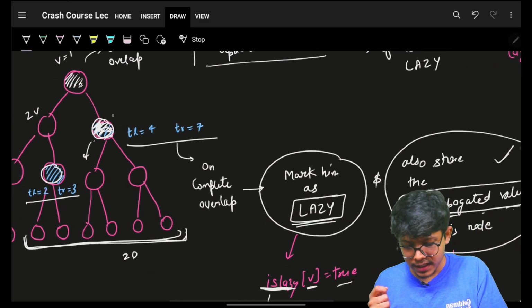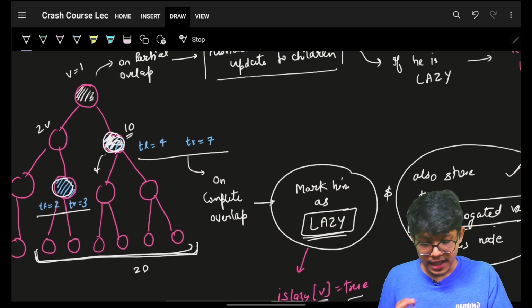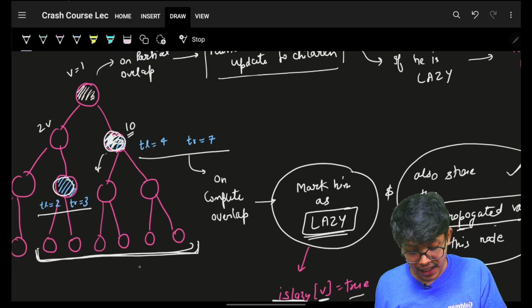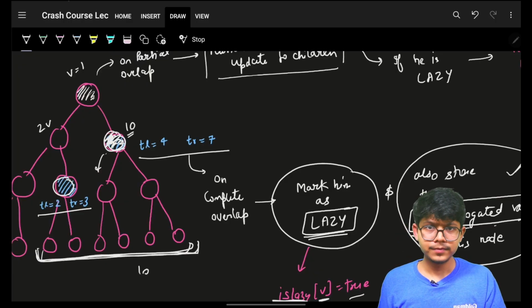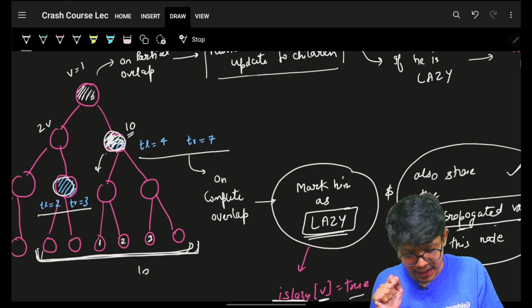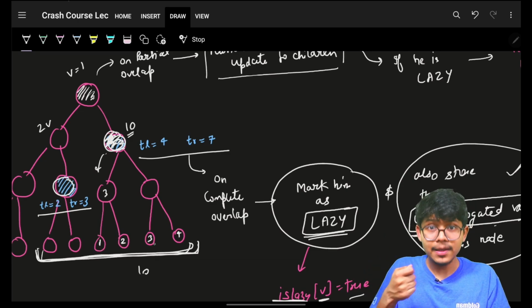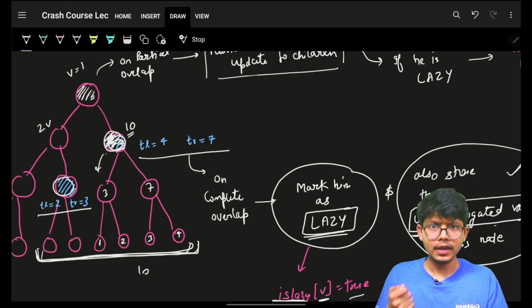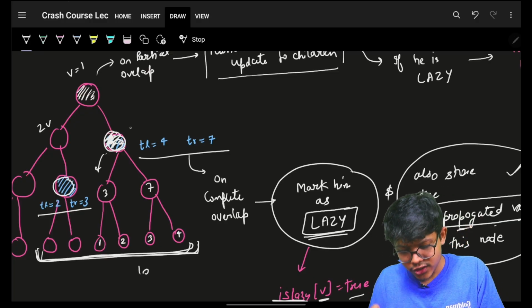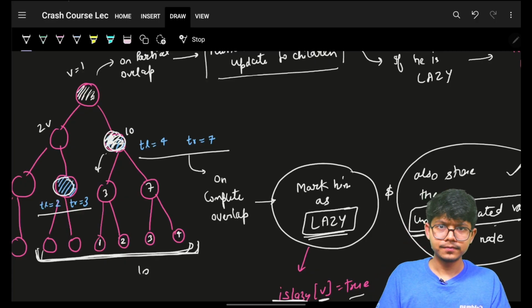But I have a value of 10, which means I added a value of 10 in this entire range. Technically, if this node is 1, 2, 3 and 4, this summation would have been 3, this summation would have been 7. Now, if this node would not have come in, this summation would have been 10.